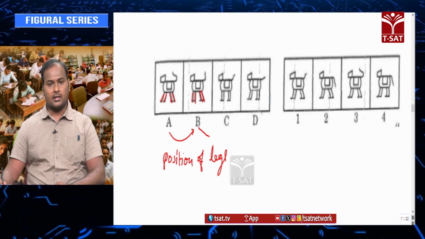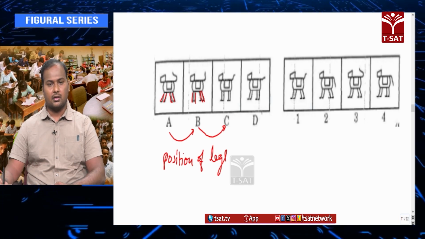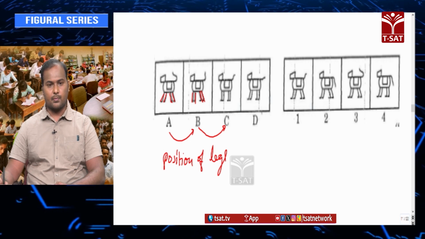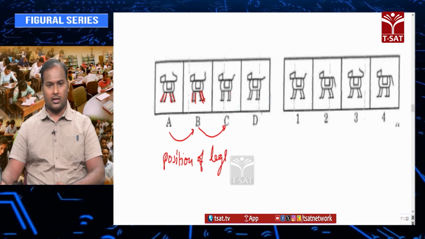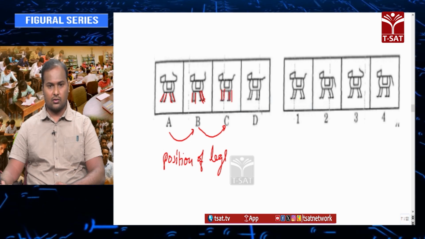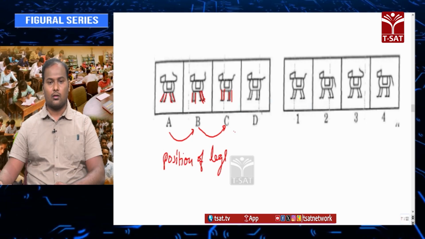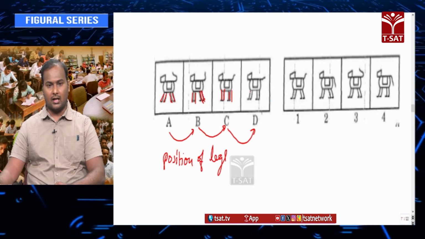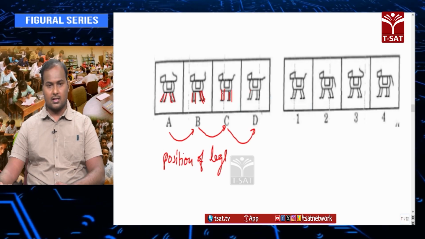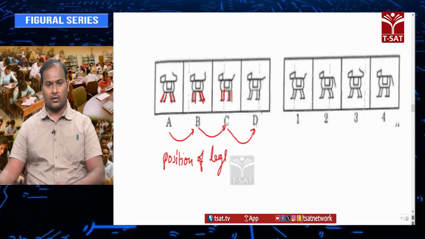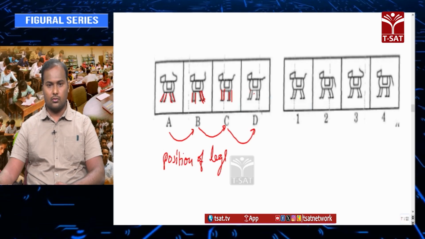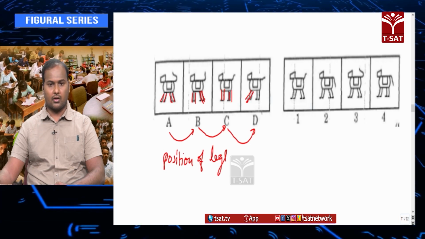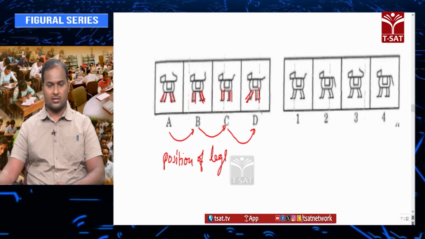Now you can see B to C. In B to C also, initially in figure B, these back legs are away. Now they came straight again. So in this case, now the legs are straight. Now observe from C to D. In C to D, the legs are straight in C. If you come to option D, the legs move forward, whereas these legs are straight.